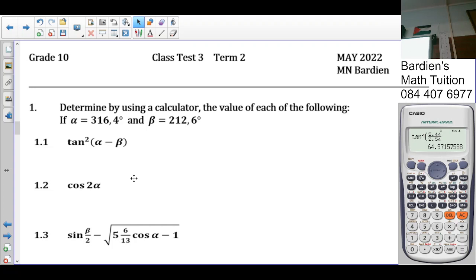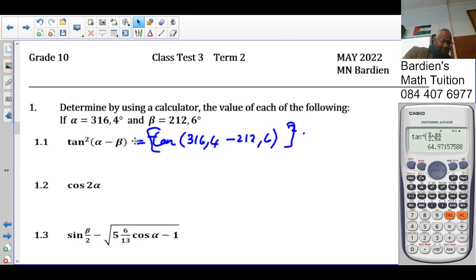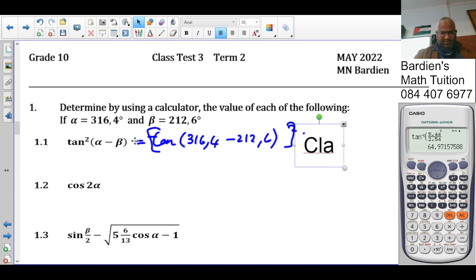The question says, using a calculator, determine the value of each of the following. So here we are given tan of alpha. So it will be tan alpha, which is 316,4 minus 212,6, and this must be squared.